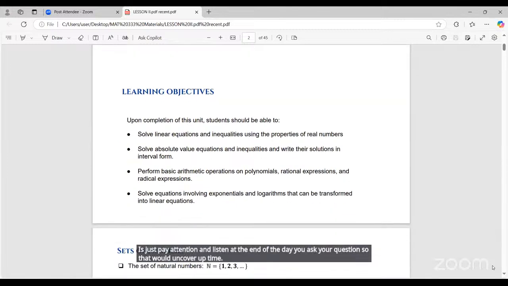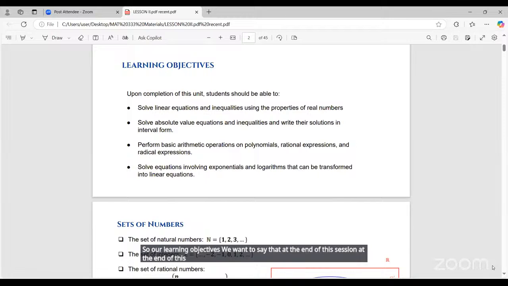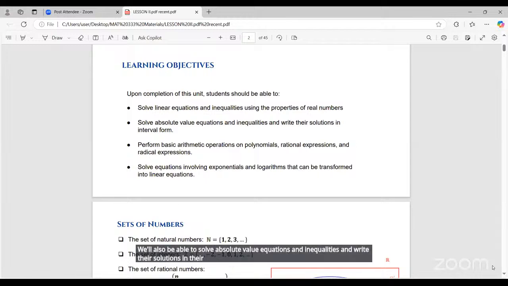So, our learning objectives. We want to see that at the end of this lesson, we'll be able to solve linear equations and inequalities using the properties of real numbers. We'll also be able to solve absolute value equations and inequalities and write their solutions in interval forms.